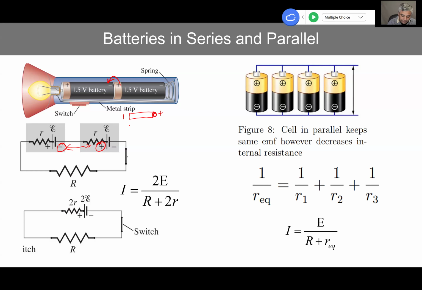then what's going to happen? This 1.5 volt acts like a negative compared to this one, so they cancel, giving you a net of 0. So that's why when you connect two batteries in a device, let's say in your calculator or flashlight, if you don't orient them properly, in that case, it does not work because the total EMF, one and the other, they are canceling when there is reverse polarity, okay?